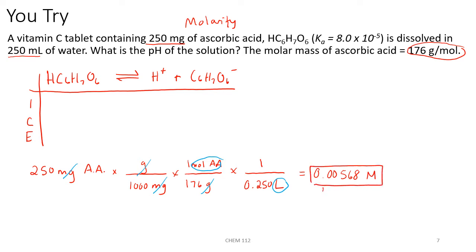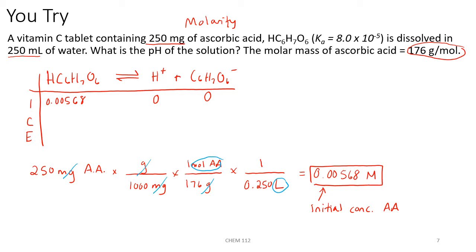So that's our initial concentration of the ascorbic acid. So let's plug that in for our I line. We're going to have 0.00568, and initially we have 0 hydrogen ion and 0 of our conjugate base because it hasn't broken up yet, hasn't ionized yet.